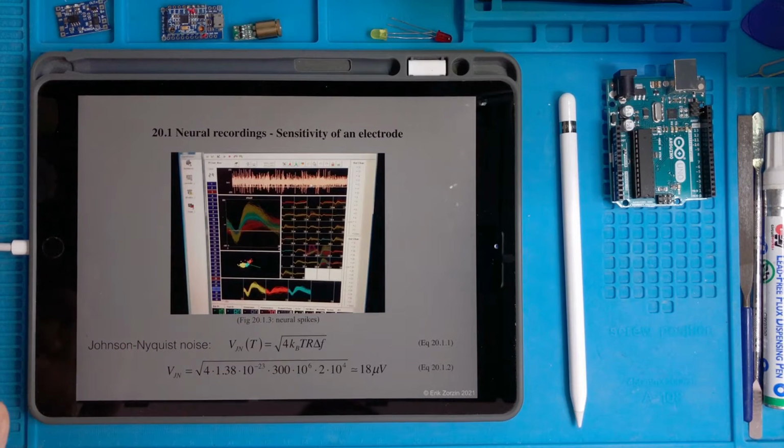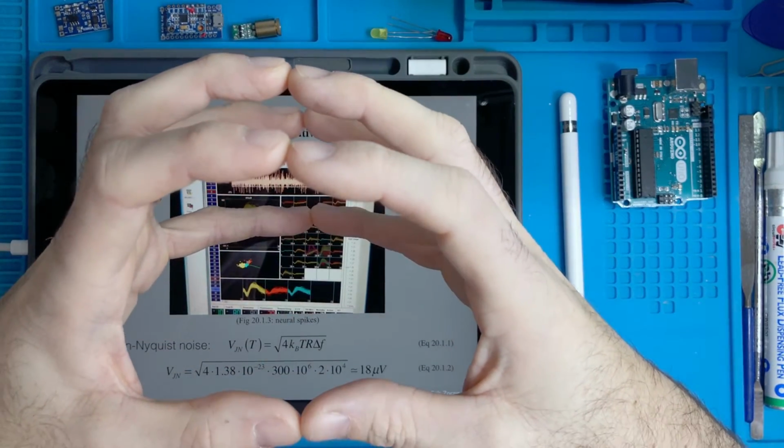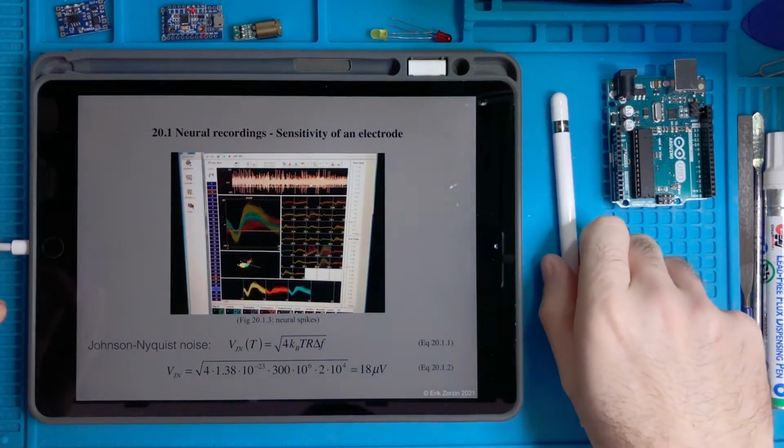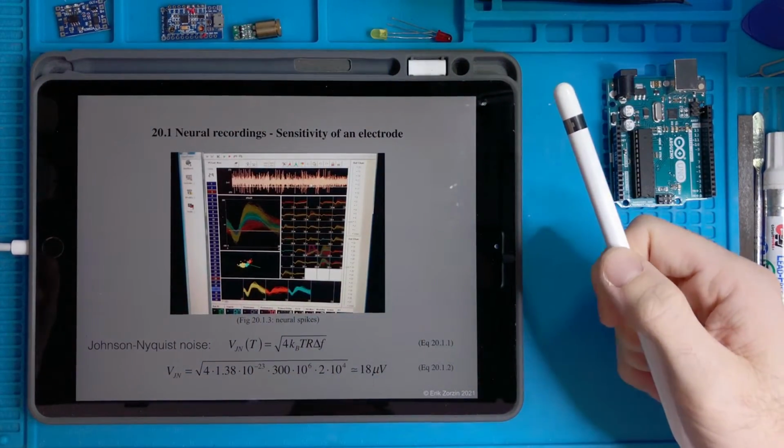So now there is another important thing that goes with these concepts. It's the concept of noise of a resistor, which is also connected to the sensitivity of an electrode, this sensitivity sphere, this region where an electrode is sensitive.